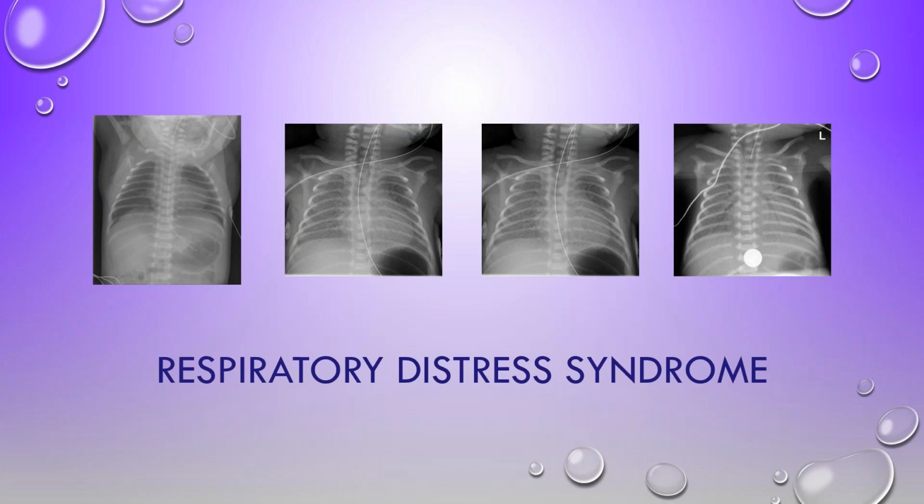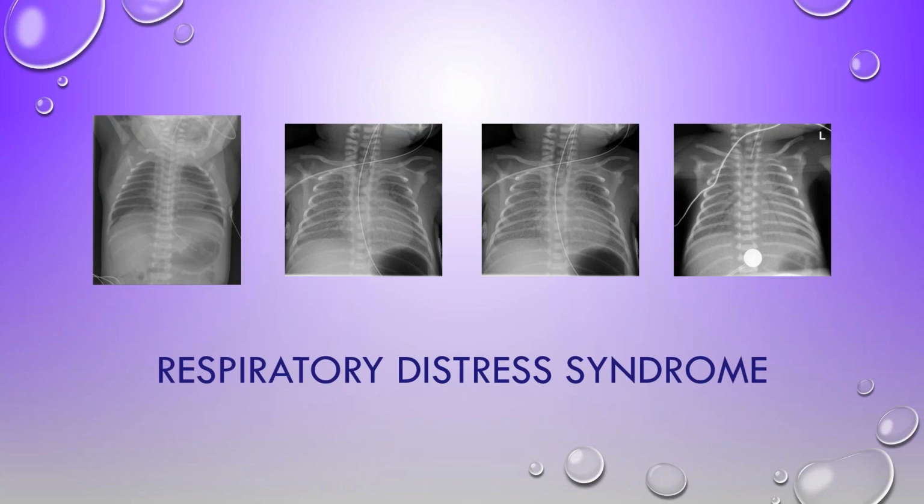The diaphragm's more flattened. There's more of a ground glass appearance, and the heart is enlarging. If you look at the third one, we now start to really have to look for the borders, and that's important. And in the fourth one, you can see that we hardly can notice the heart or diaphragm, and you can see those air bronchograms.